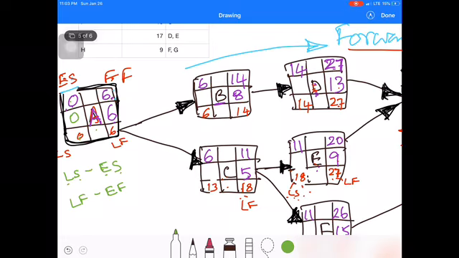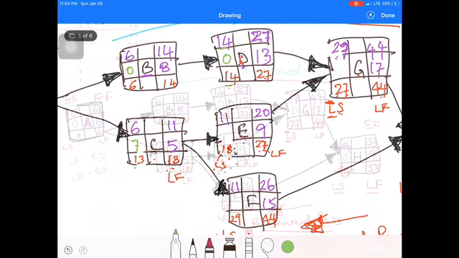Activity B, LS 6, ES 6, the difference is 0. Activity D, LS 14, ES 14, so the difference will be 0. Activity C, late start is 13, early start is 6, so the difference will be 7.